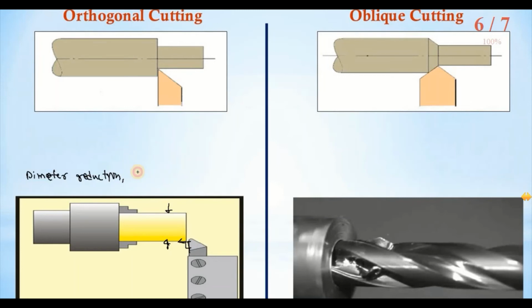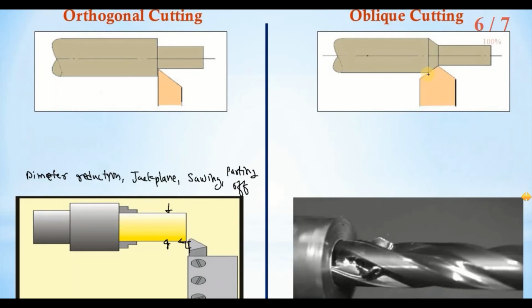Then the jack plane is another example. Then sawing, then we can get parting off, where the cutting velocity and the cutting edge are both perpendicular to each other. So these are the orthogonal cutting processes.